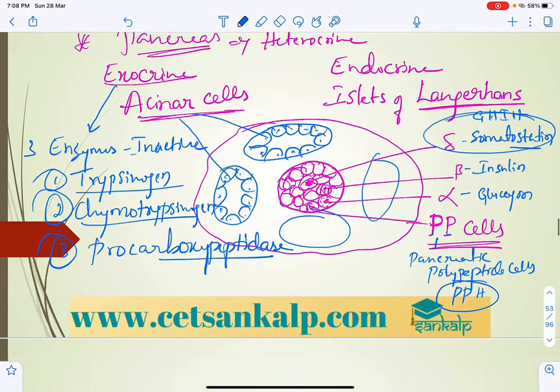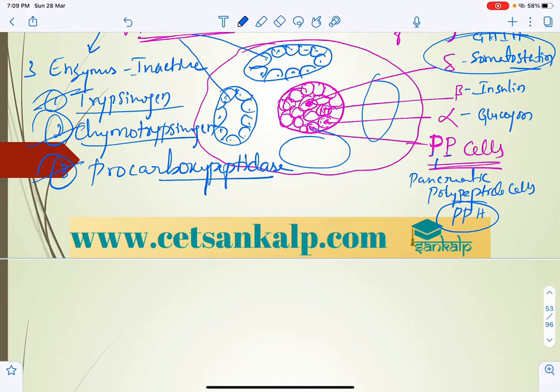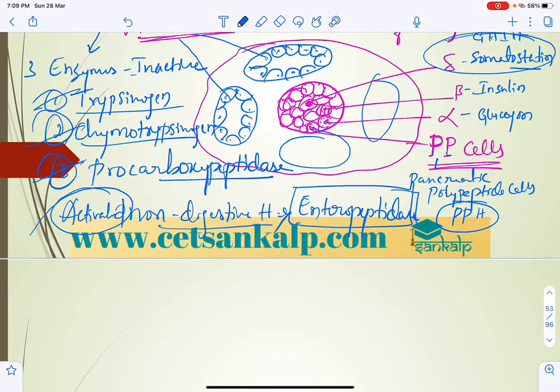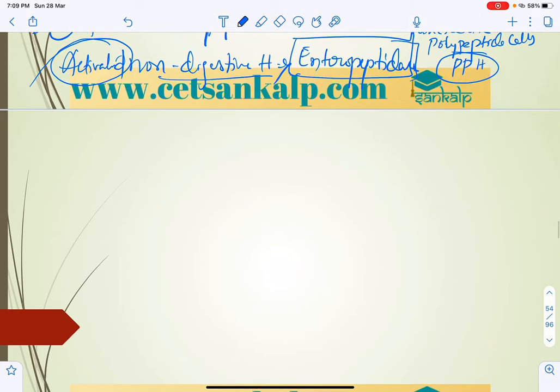So these are the three direct questions we can expect. These three inactive enzymes get activated by a non-digestive enzyme called enteropeptidase, or enterokinase.